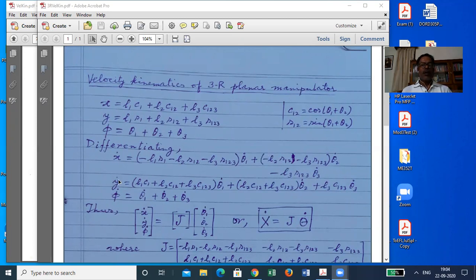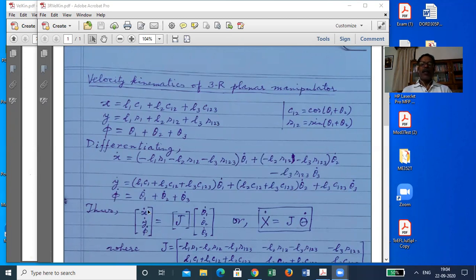Okay. Now, when you put all these as a vector, then you get this, and then these three linear combinations of theta 1 dot, theta 2 dot, theta 3 dot, you can organize in the form of this linear transformation. Okay.